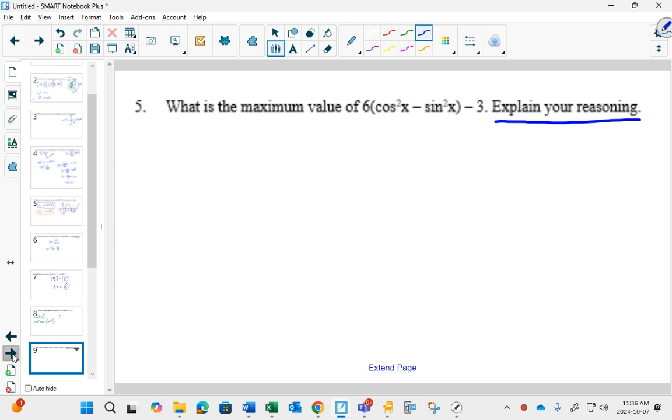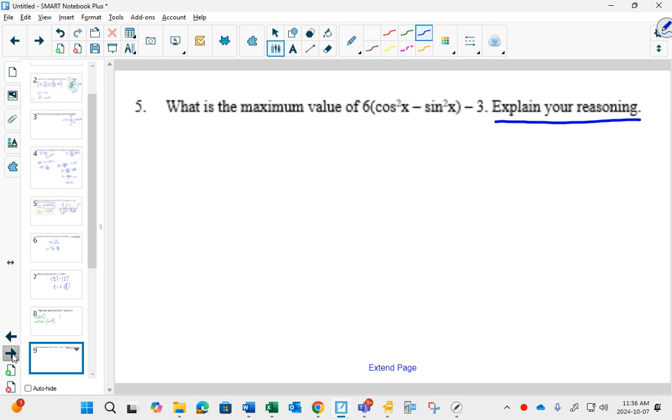The answer to this question is going to be 3, but it's not because you can just change this to 1. You can only change it to 1 if it's cos squared plus sine squared, and the angle is the same. So that's what makes this question really difficult, is the explain part. And there is some logical thinking and understanding to get the right answer.